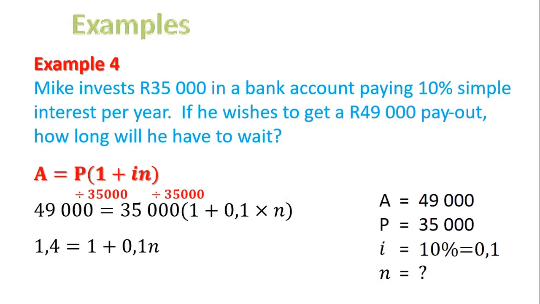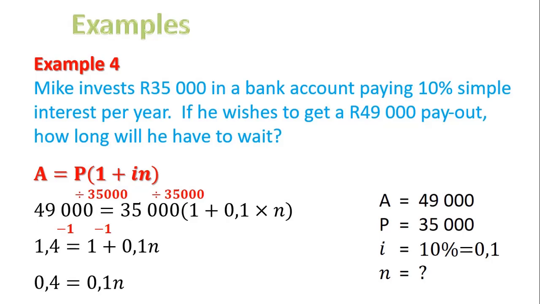Next step, I need to get rid of the 1 on the right hand side, and so to do that I subtract 1 from both sides. 1,4 minus 1 will give me 0,4, and that will equal 0,1 n.